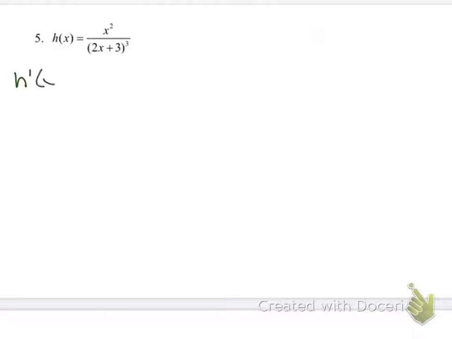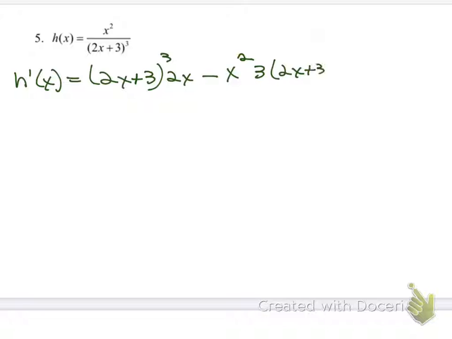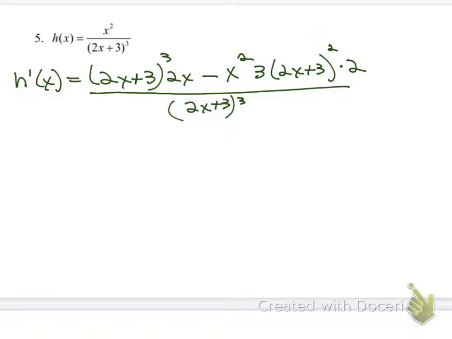So h prime of x equals low d high minus, don't forget the minus, high d low times the chain rule, okay, and then don't forget the bottom part, all over low squared. So it's going to end up being not third, but sixth.